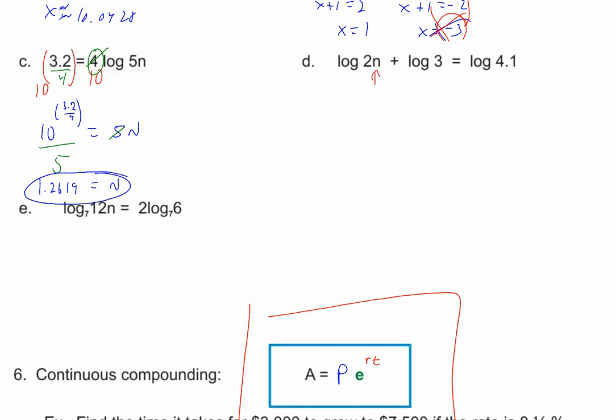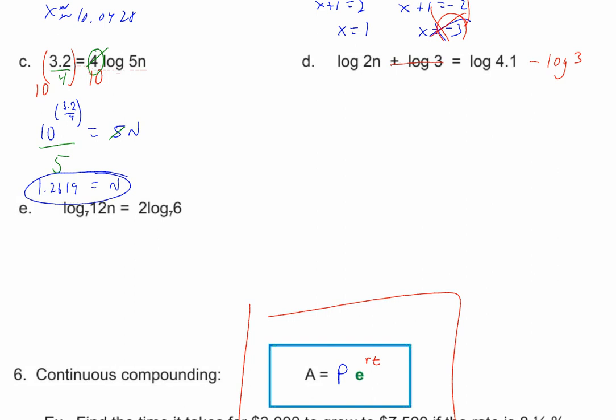Here's my variable. And look, I can do the product law and put those two together, right? But now I'm putting my variable together. I'm not so sure I want to do that, though I can. It'll work. But in my mind, why don't I just move the positive log 3 to the other side and make it negative log 3?